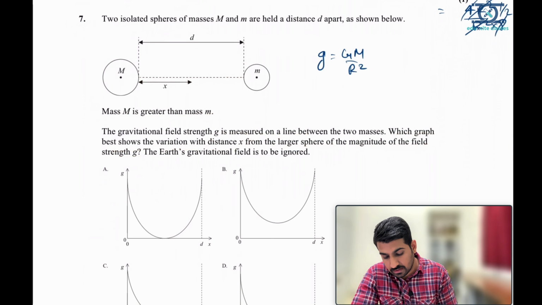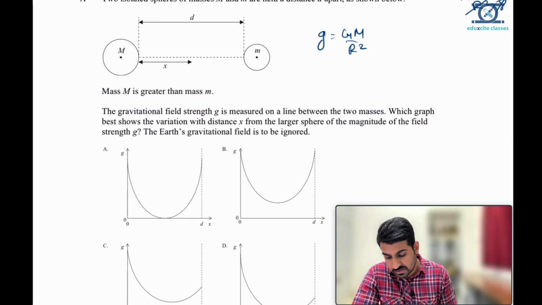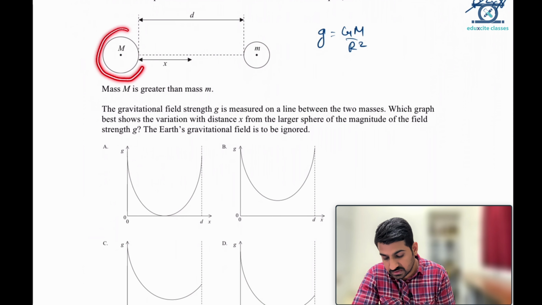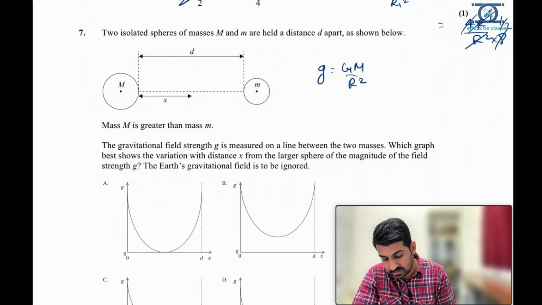Now there are two objects, so the gravitational fields will be interacting. When you are near the bigger mass, definitely the gravitational field strength due to it is greater, because the mass is greater. So at this point the gravitational field strength due to this will be more as compared to that of the other.